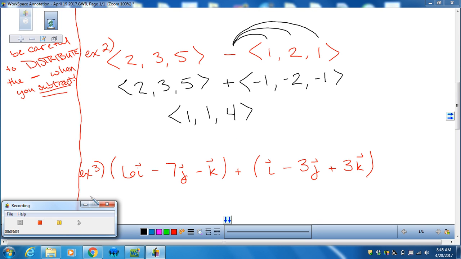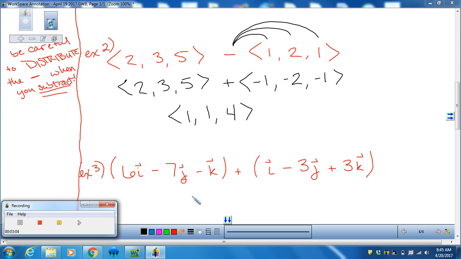Third example, we are going to add two vectors written in that second form with the i's, j's, and k's. We want to be sure to put these vectors in parentheses as we are adding them together to keep the vectors separate. But now as we add, we are going to combine like terms. So we're combining those i vectors, combining the j vectors, and combining the k vectors.